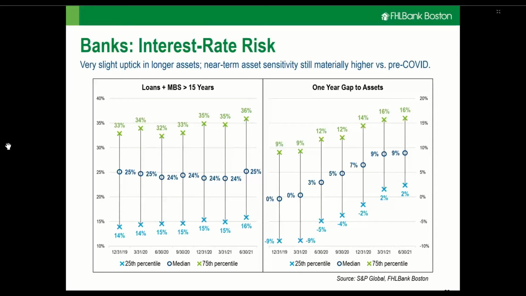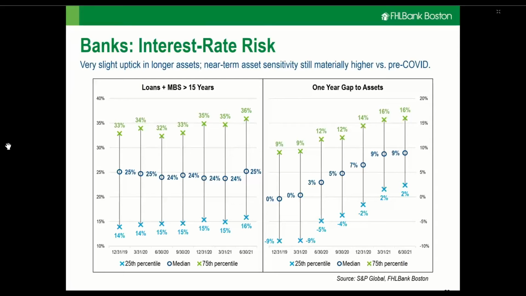And as we can see there, using the 1-year gap analysis as a proxy to give us some insight into rate positioning, we can see that what we just talked about, where the last couple quarters has seen a shift toward greater and greater asset sensitivity.